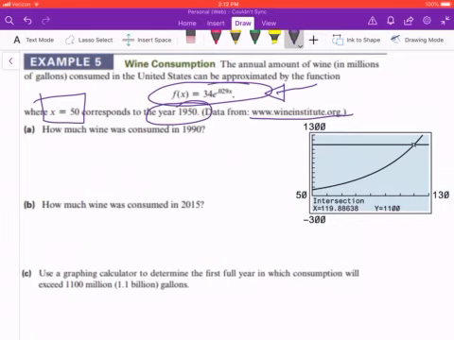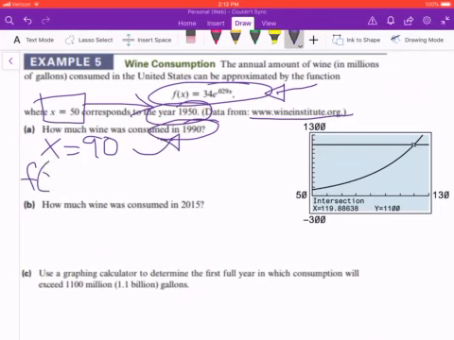So if we were to find how much wine was consumed in 1990, then if x equals 50 for 1950, then x will equal 90 for the year 1990. To find the answer to this question, we can substitute the number 90 into the function.